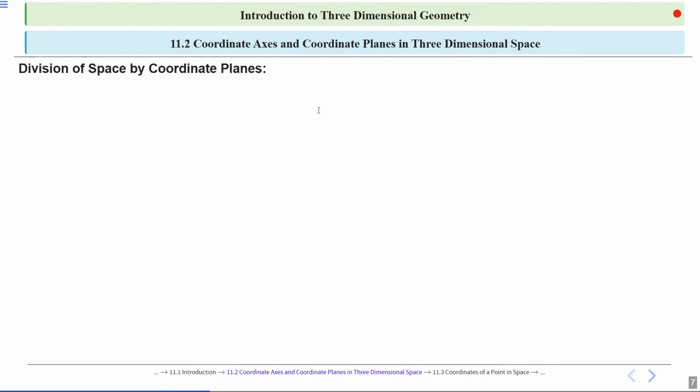Now, let's start by thinking about how three-dimensional space is organized. In two dimensions, we have the x and y axis dividing the plane into four quadrants. In three dimensions, we add another axis, the z axis, and this creates a more complex division of space.